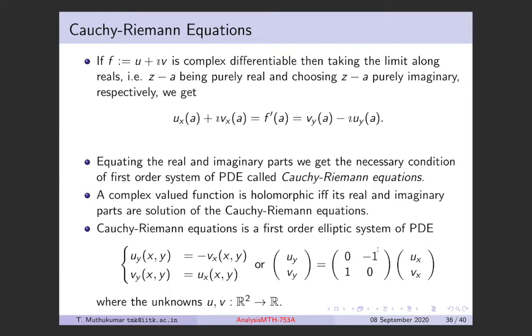So this is actually the matrix that corresponds to the complex number i. If you take the complex number i, its real part is 0, so 0 on the diagonal here. Its imaginary part is 1, so it's 1 and minus 1 here. So this matrix is precisely the complex number i.